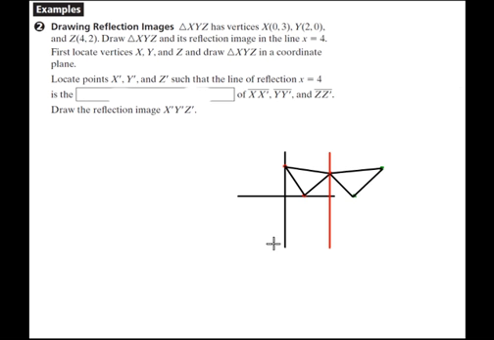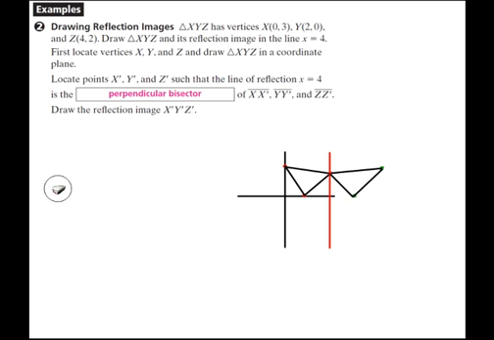So we can see how the red one has flipped around and reflected in this red line. So if we do that, they ask us to locate the points, and we can now figure those out. If this was at 0 and this is at 4, then this is going to be 4 more to the right.